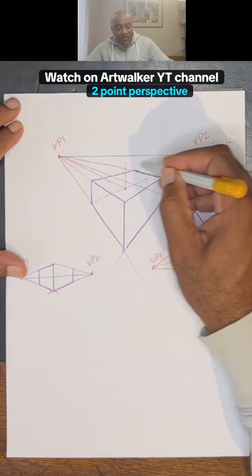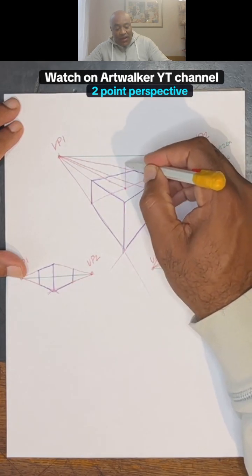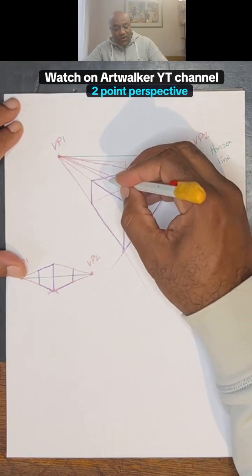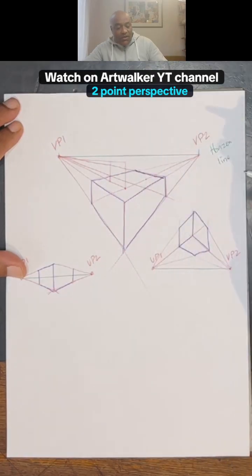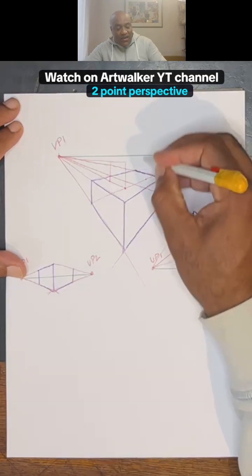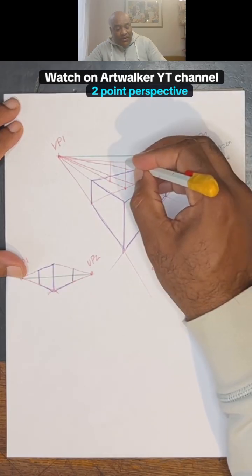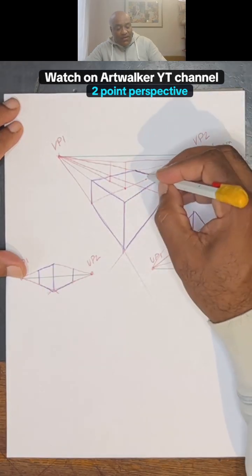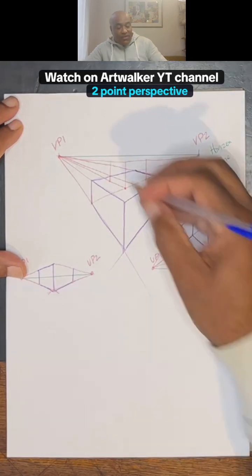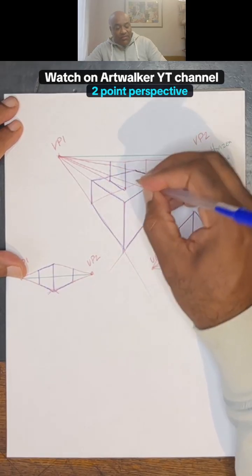Obviously, we have to connect to the vanishing point now to establish this angle here as it goes into the distance. Then we go upwards. The same here. We need to establish the height here. So we go back to our vanishing point. And then we have, again, a box on top of another box.